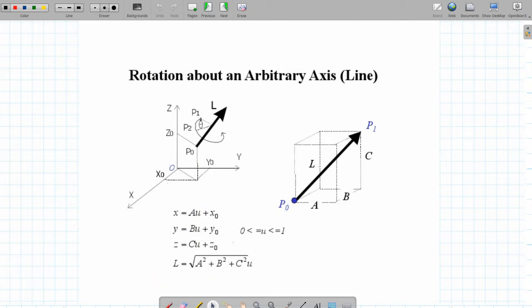And a, b, c is basically the x distance, y distance, and z distance of a point from the origin. So your line L can be represented something like this.